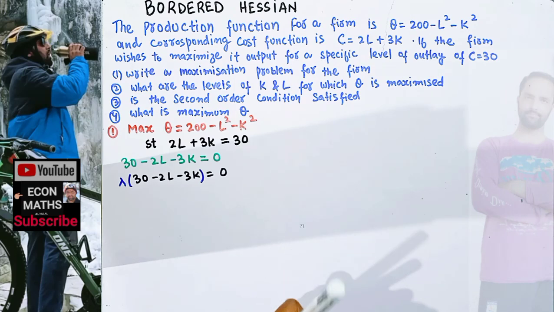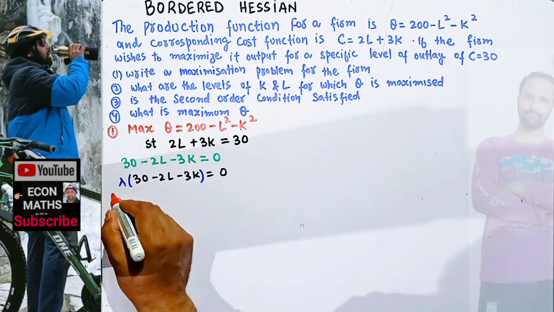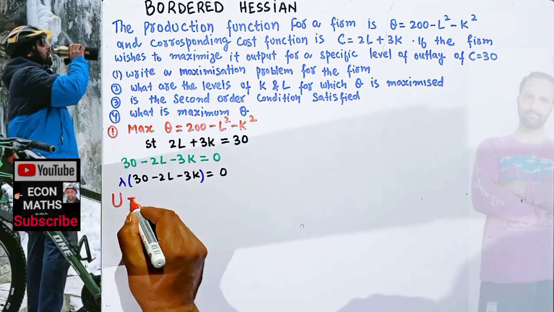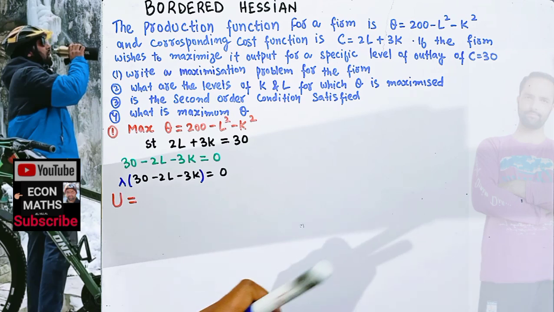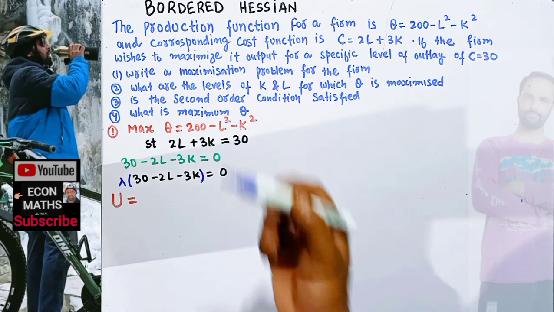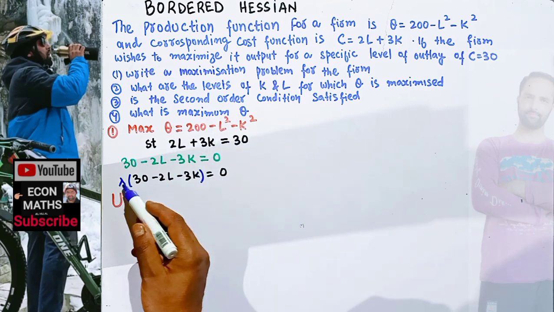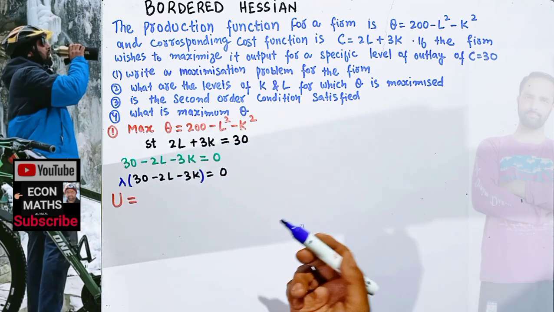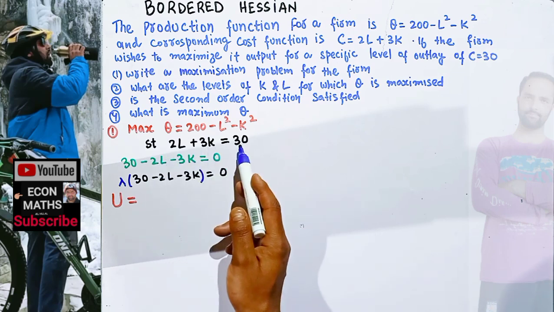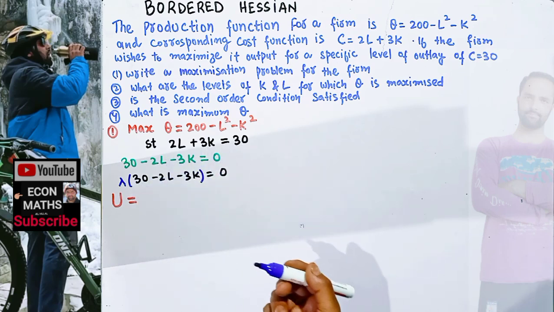After that we need to construct the Lagrangian function. Let's denote the Lagrangian function by U. The Lagrangian function is formed by adding the objective function. And what is the objective function? The objective function is our production function, with the resulting constraint, which is formed by setting the constraint equal to 0 and multiplying it by lambda.